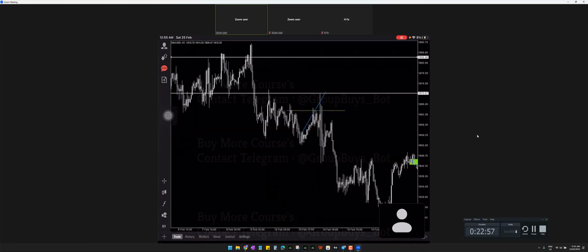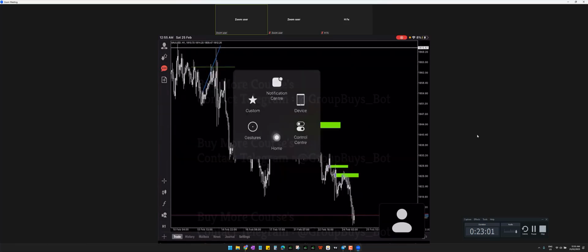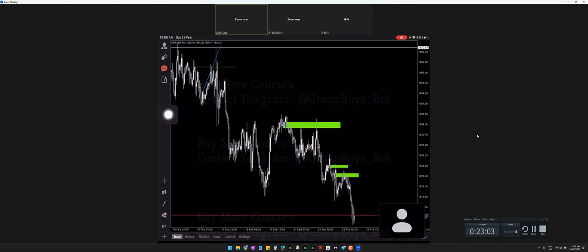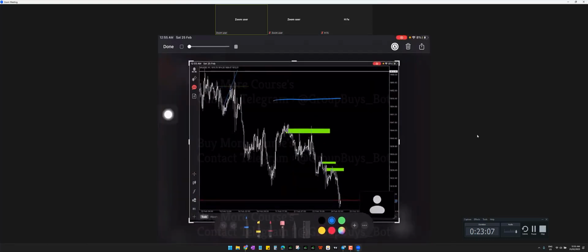It's not the price will react. We want to see the price react actually. For example, after we know the direction from the weekly, the price will go down, right?